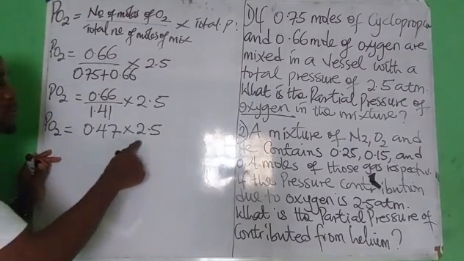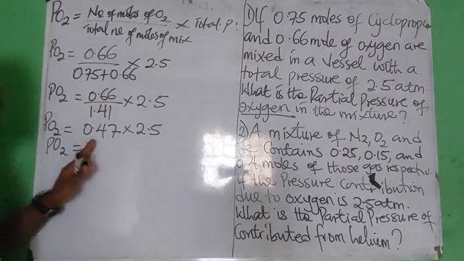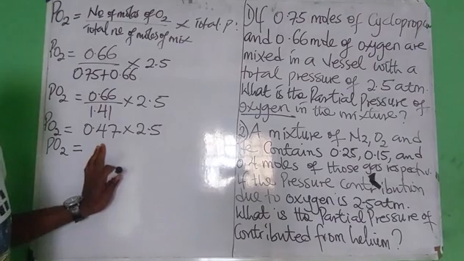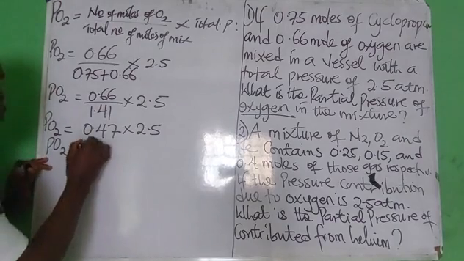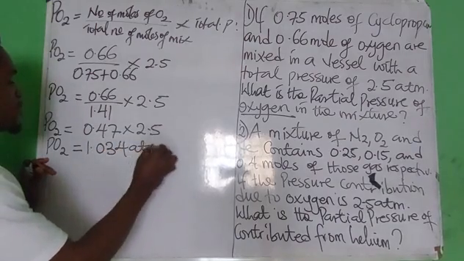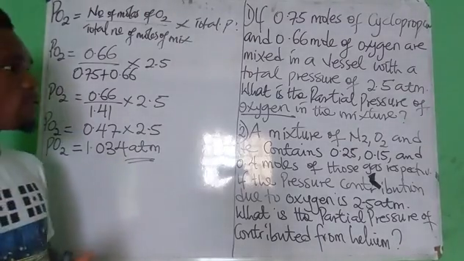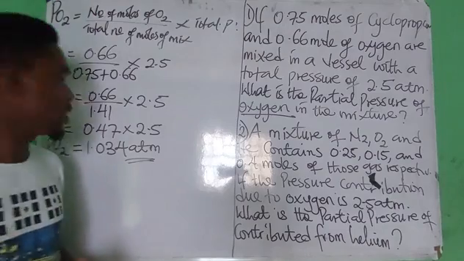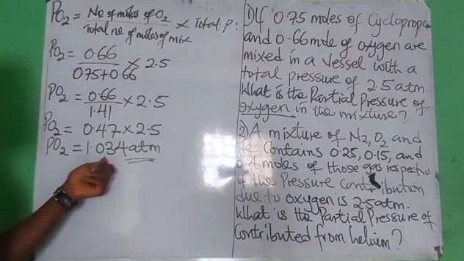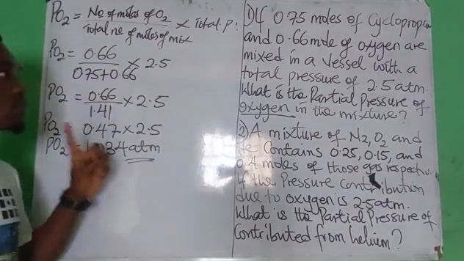So the pressure of oxygen equals 1.034 atmosphere. In conclusion, the pressure of oxygen in the mixture is 1.034 atmosphere.